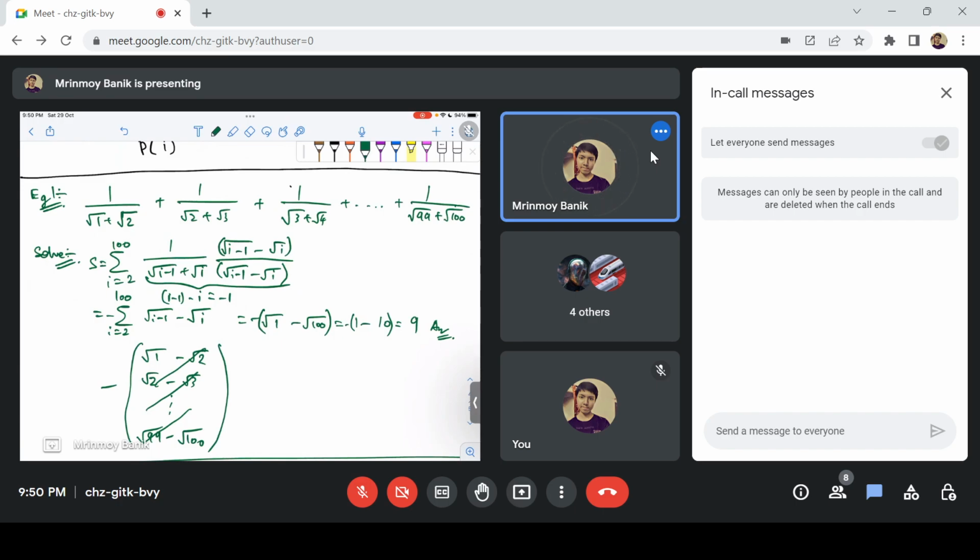Okay. Next, try this example. So you know the Fibonacci series, right?